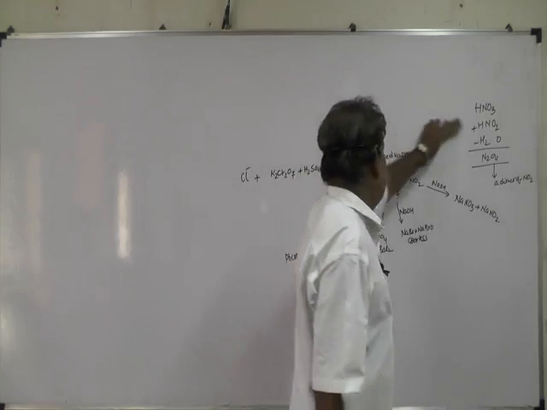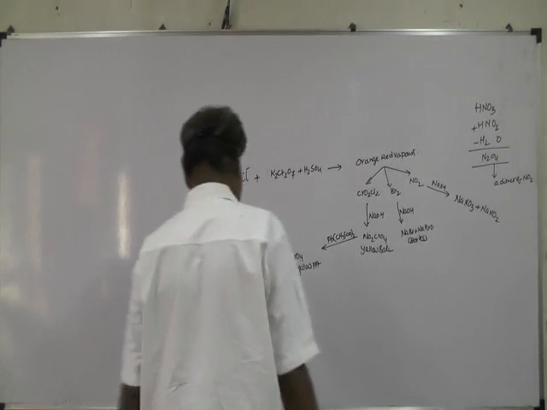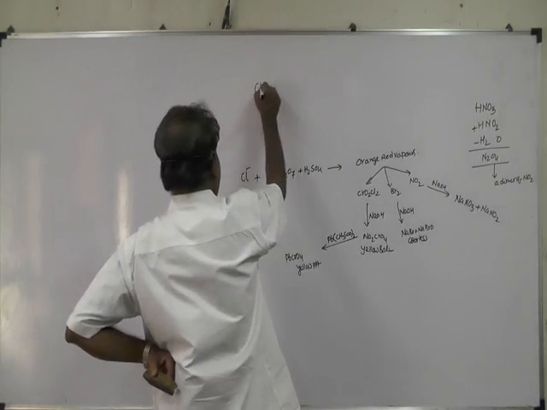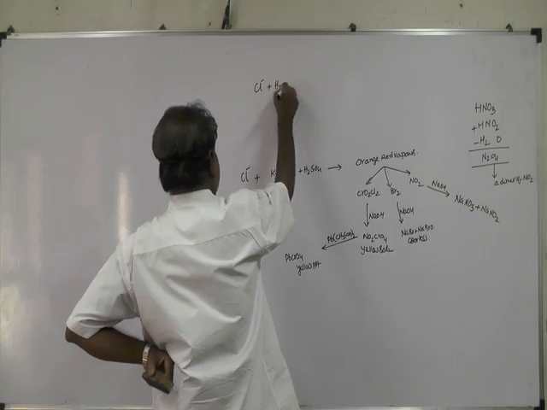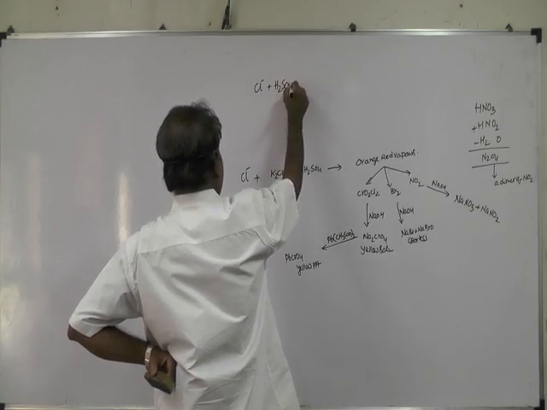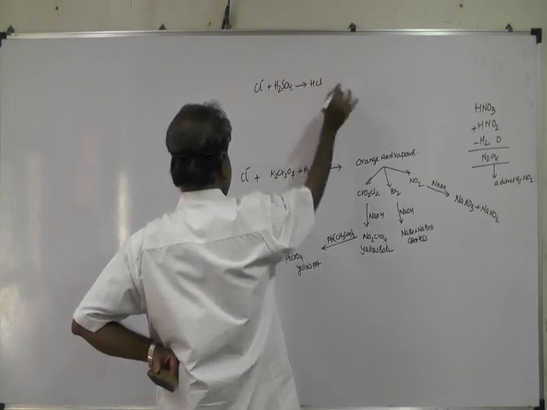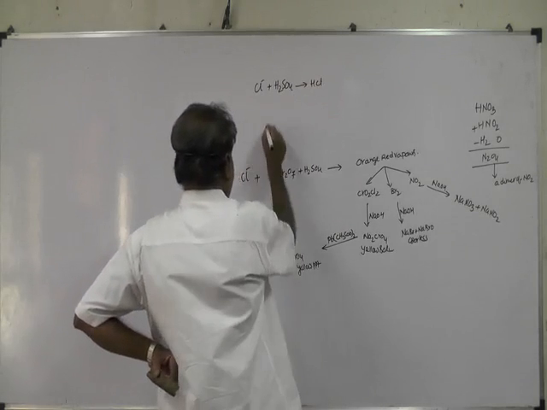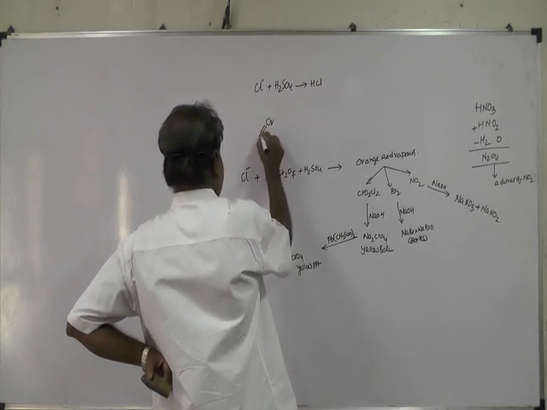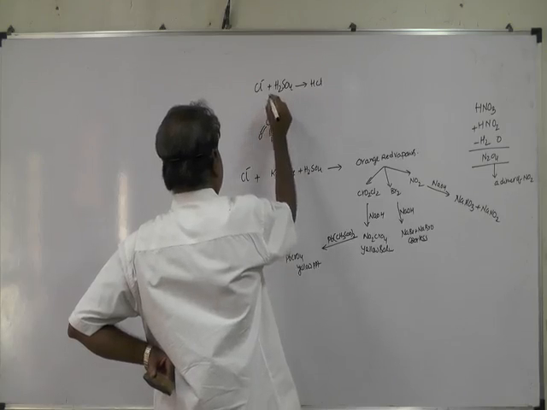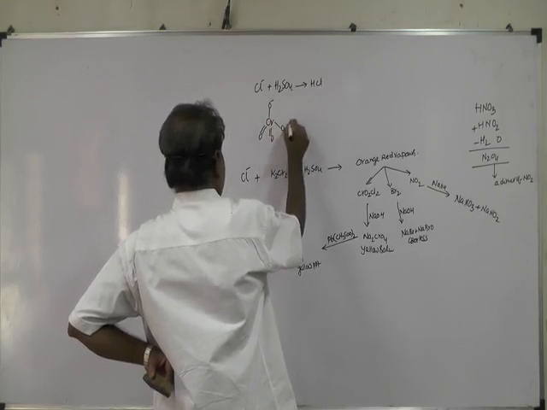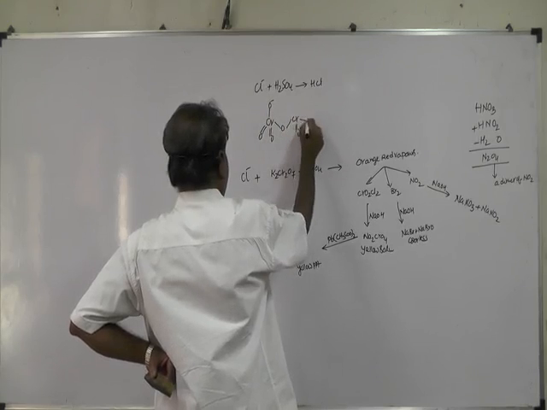How do you get this chromyl chloride? What are the steps? First step, Cl minus gets protonated by H2SO4, you get HCl. Next step, dichromate, Cr2O7, also gets protonated.